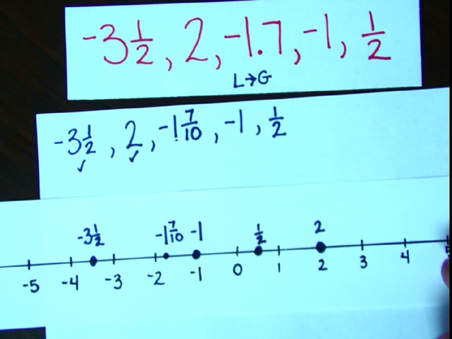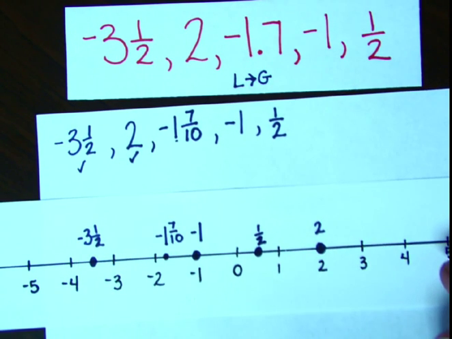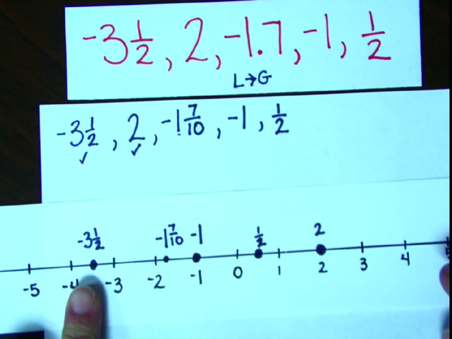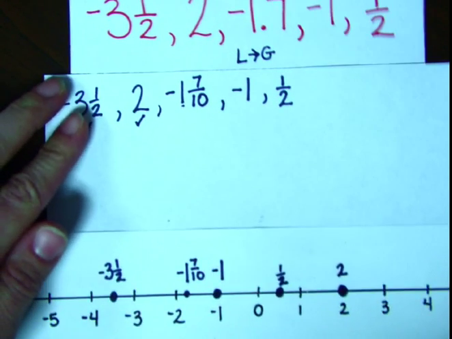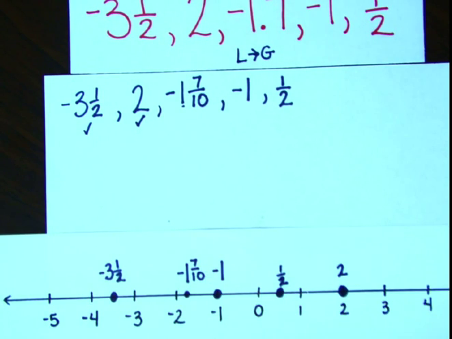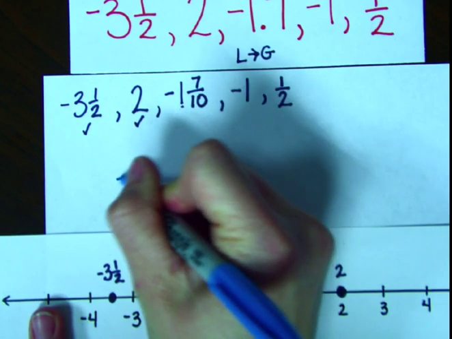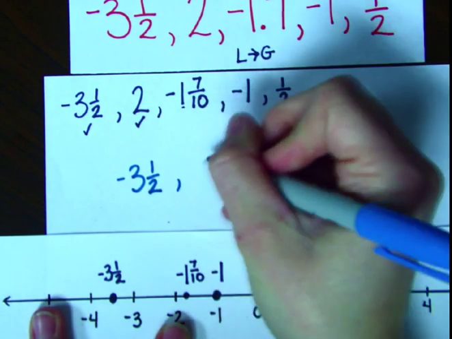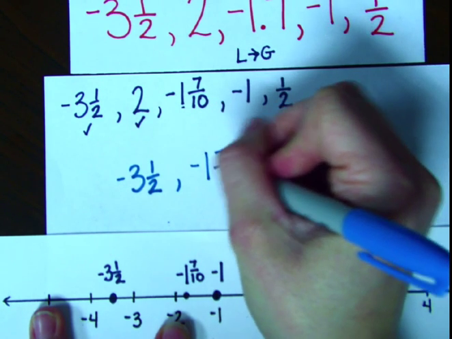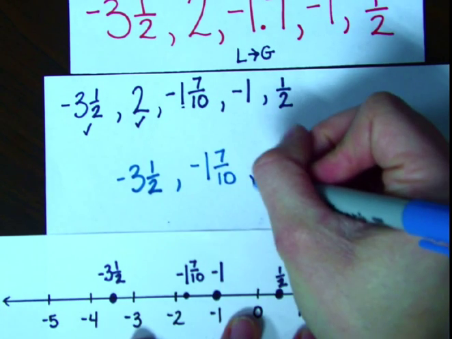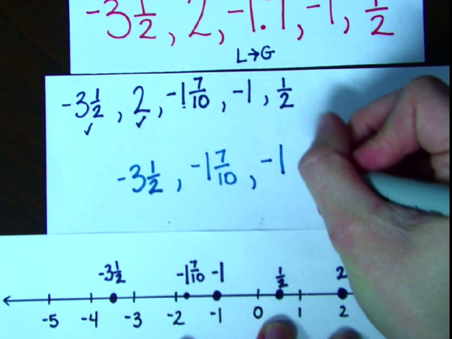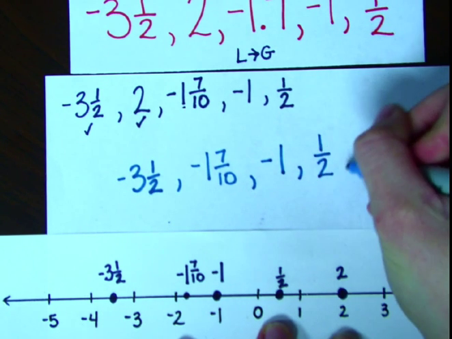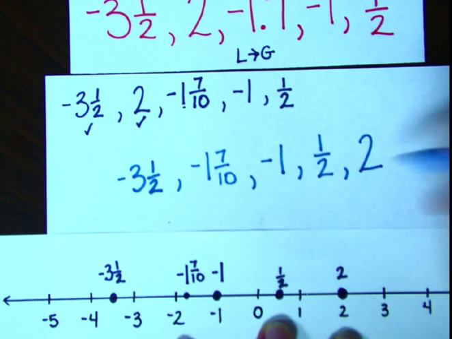Now to place them in order from least to greatest, I'm just going to start from the left and place them in order. Let's switch colors here so you can see where that is. All right, so my first number is negative 3.5, negative 1 and 7/10, negative 1, positive 1/2, positive 2.